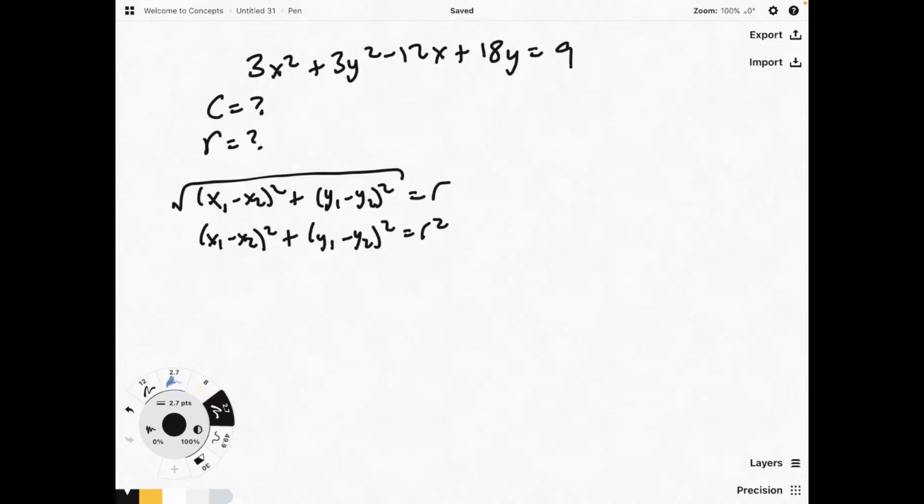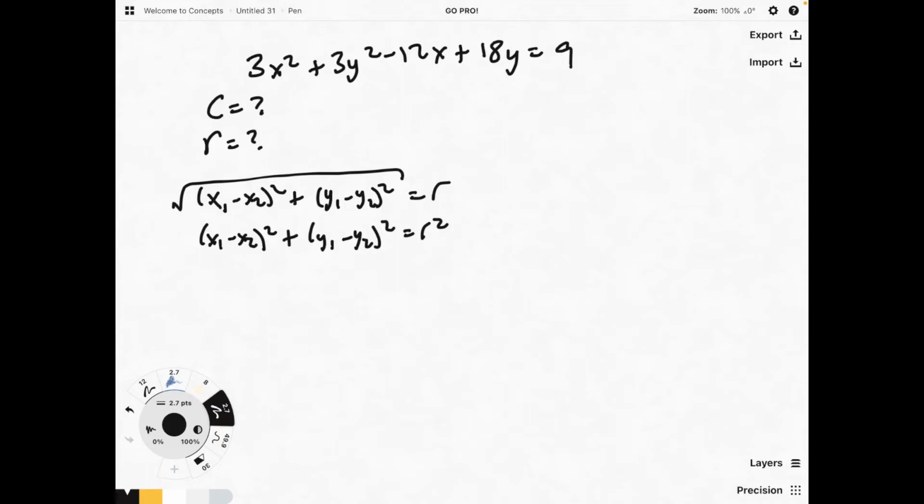And this x2 could be the same as h, and the y2 could be k. It doesn't matter. They are just variables and they represent the exact same thing. But looking at this equation, why don't we try to match the initial equation that we have to this equation here, completing the square? Then this should be relatively simple.